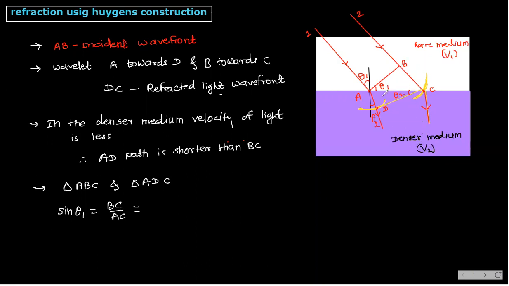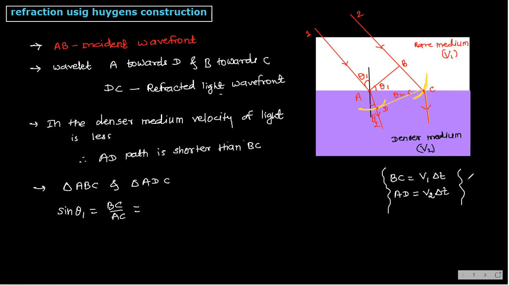Now you see this BC path and AD path. AD is less, BC is more, but the time interval between these two, means the time required for traveling these two, is same. So can I write like this? You see here what I'm writing. BC is equal to V1 into delta t, because distance is equal to velocity into time. And similarly AD is equal to V2 into delta t.